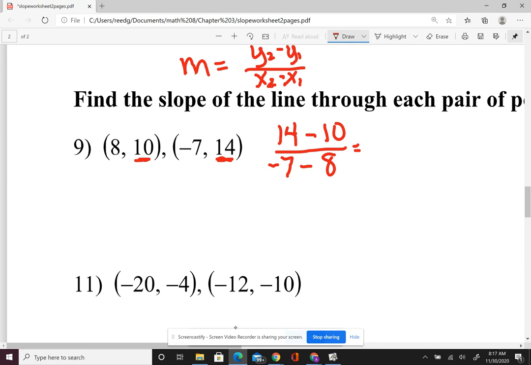And it's only a single fraction, with that subtraction on top. So 14 minus 10 is 4 over negative 7 minus 8, which is negative 15. If you could reduce that down, you would. But remember that slope is y's are on top. Y's are always on top.